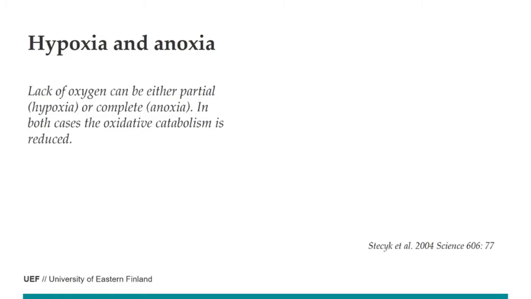Cyanide is blocking the electron transport chain. Without the electron transport chain, there's no oxidative phosphorylation either, and there's no citrate cycle at all. So everything that happens in the mitochondria in this energy production is stopped.